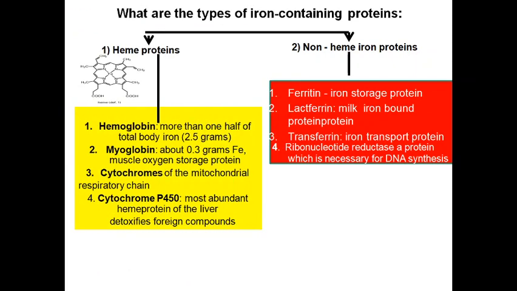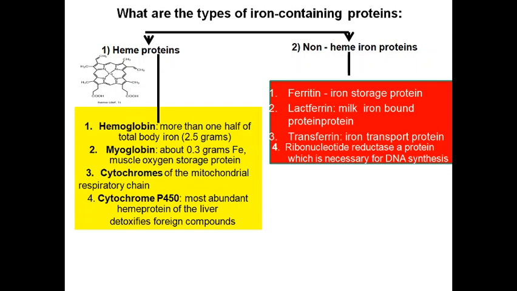Iron, as we said, cannot be present in free form because it is highly toxic, generating free radicals. So it is present bound to proteins, either in the form of heme, as in hemoglobin, myoglobin, and cytochromes present inside the electron transport chain, or it may be bound to protein as iron, not in the form of heme, as in ferritin, lactoferrin, transferrin.